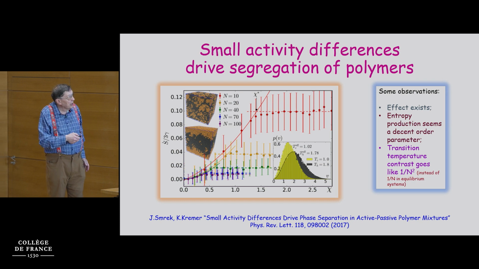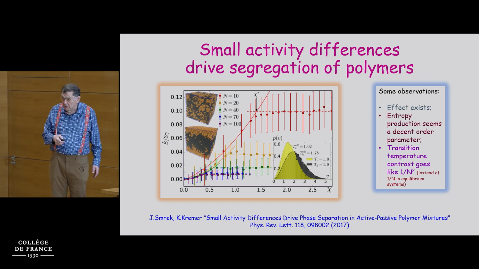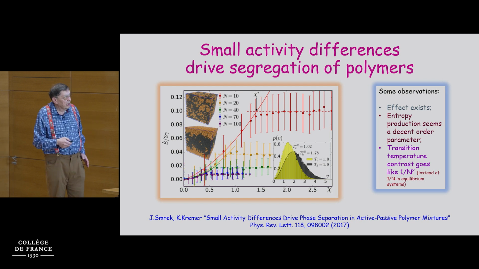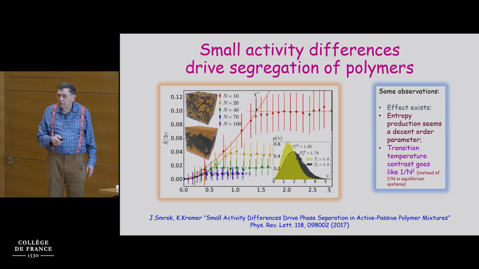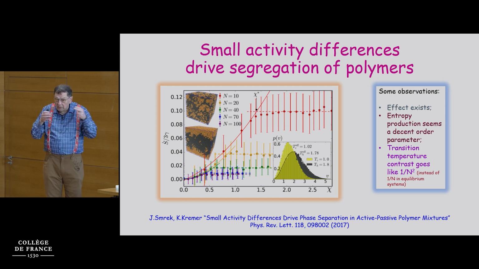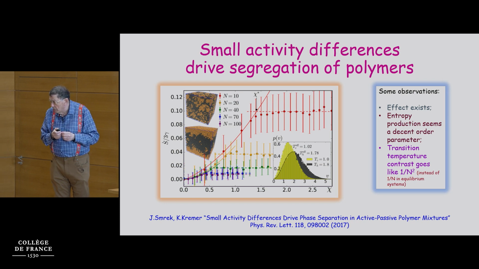And they do phase separate, as you see here in this simulated picture. They beautifully phase separate. I don't want to go now into details of quantitative representation, but just look at this picture. As in an equilibrium system, you don't need much energy difference to phase separate polymers, which is the beauty of the block copolymer story. Here too, apparently you don't need much difference between activities to separate these monomers.